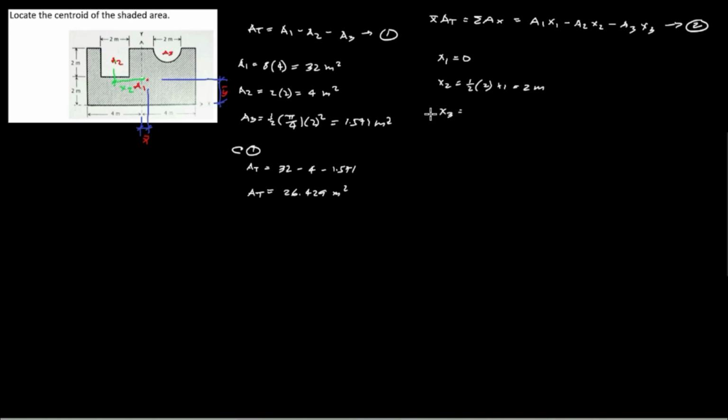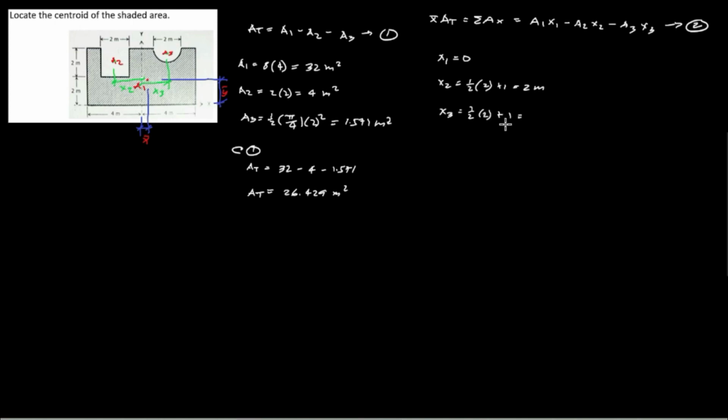X sub 3 is the half circle. For the centroid of the half circle, the distance from this point up to the centroid is 1/2 of the diameter, which is 2 meters, plus from this point up to the y-axis, 4 meters minus 2 meters divided by 2, or 1.